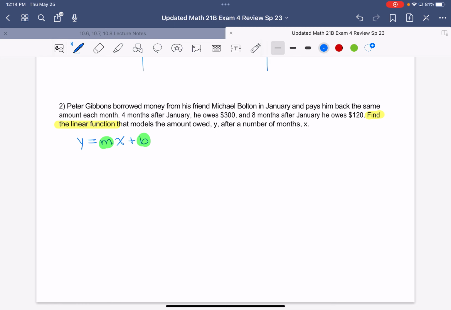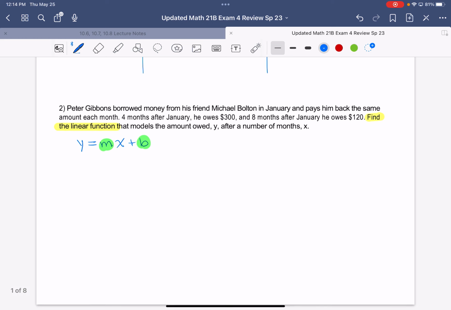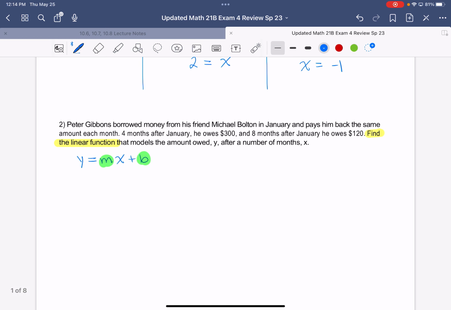And what are those points? Well, let me back up. Points are of the form x comma y, right? And the problem tells us x is the number of months and y is the amount of money owed.